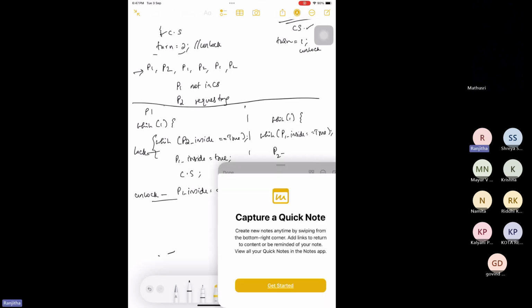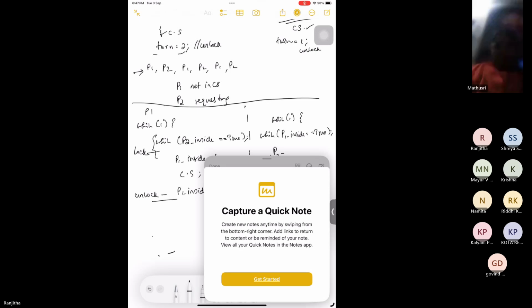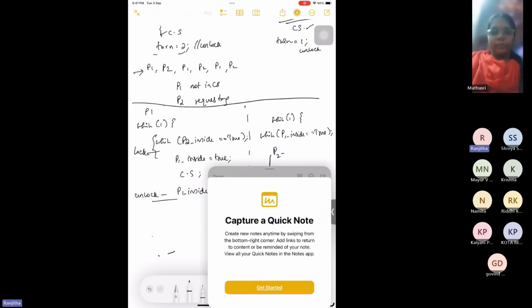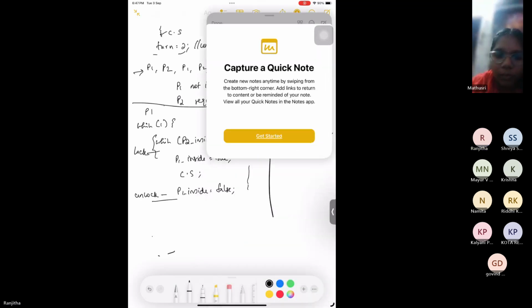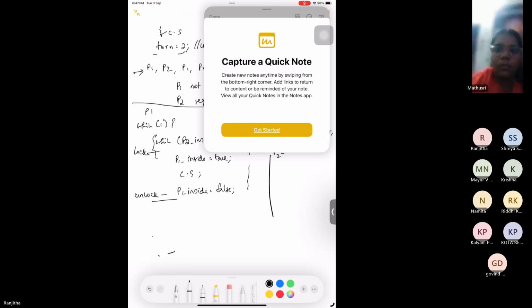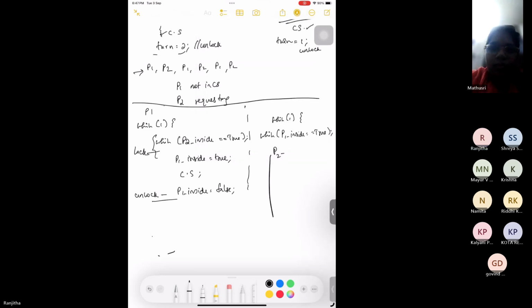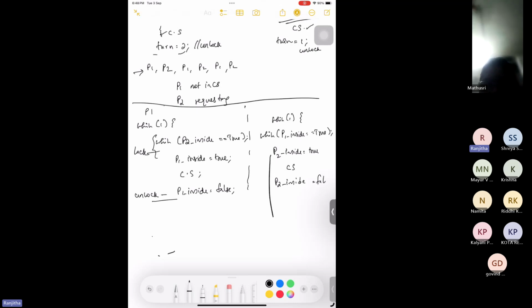Then you set P2 inside equal to true, then the critical section is entered. Then we make it false. So this is the unlock. These two statements together form the lock.